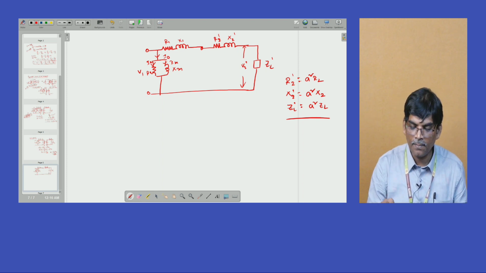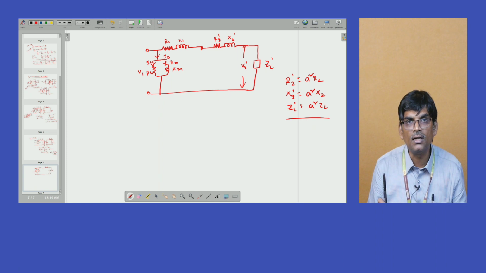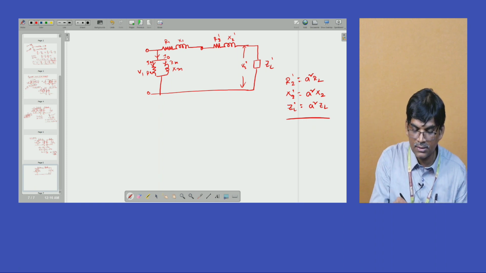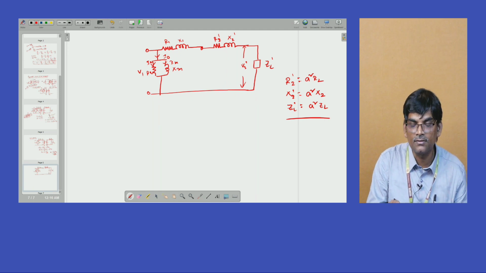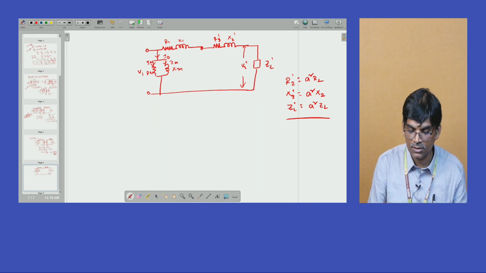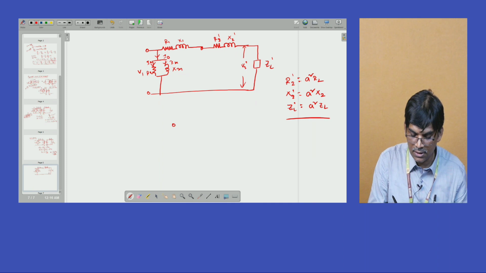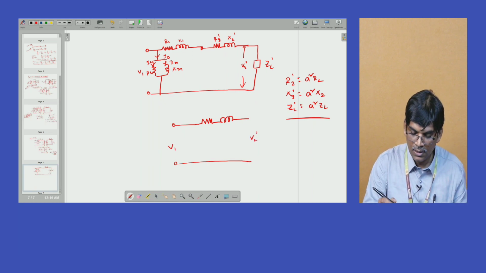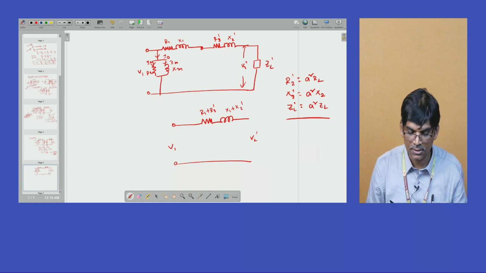Now, for further simplification of this equivalent circuit, these are all in series. So overall, both resistances are added as a common term, and X1 and X2 are added. Finally we can rewrite it like this: this is V2 dash, this is V1, this is R1 plus R2 dash, and this is X1 plus X2 dash.